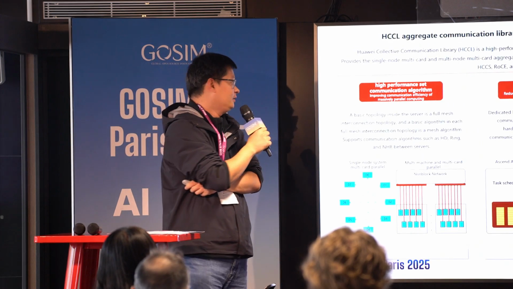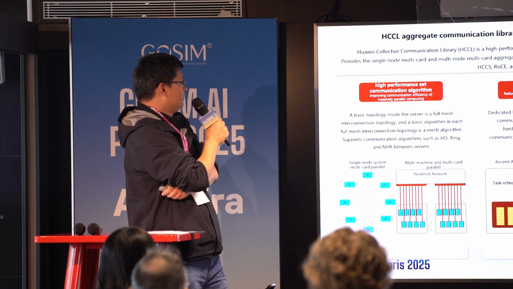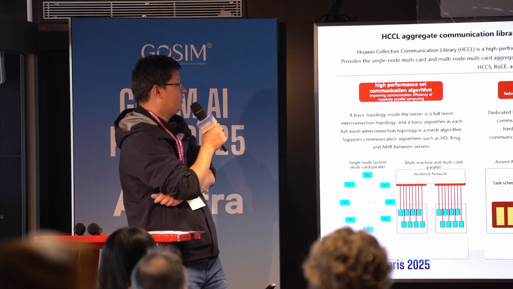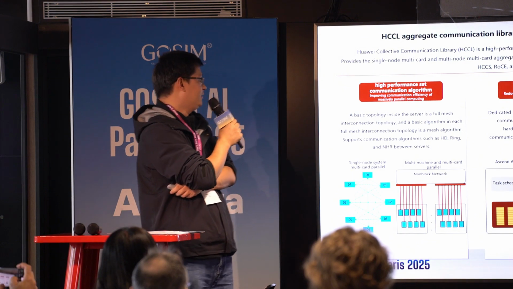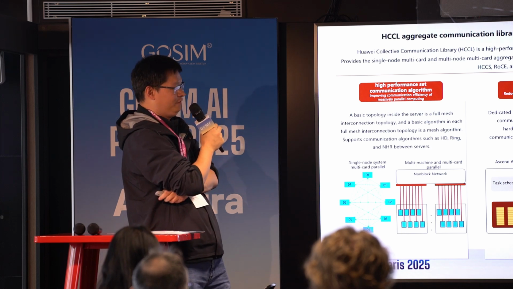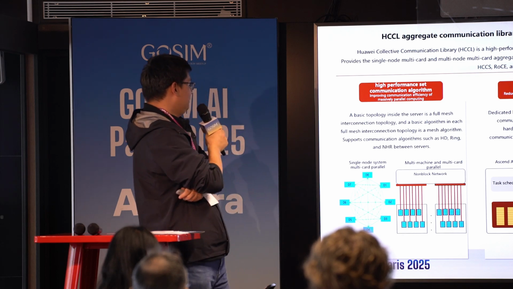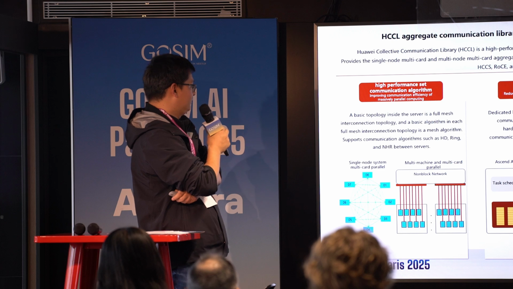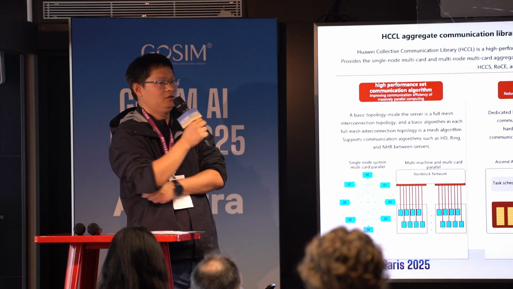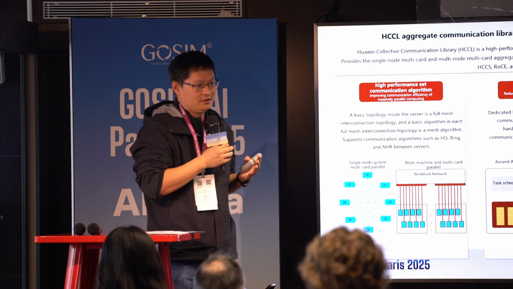Okay, the next one is the HCCL collective communication library. This is a high performance communication library based on the Ascend AI processor. It contains three key features. The first one is high performance collective communication algorithms. We know that now large language models become bigger and bigger.